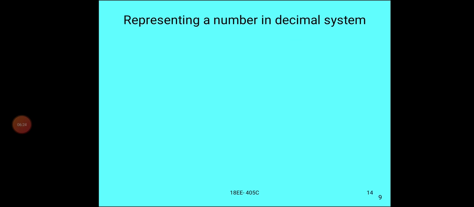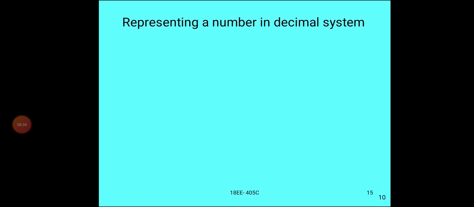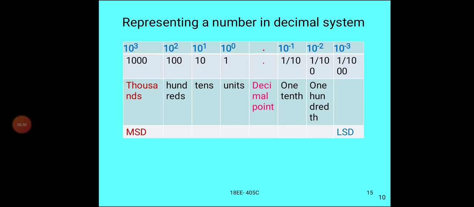The leftmost digit is called the most significant digit, and the rightmost digit is called the least significant digit.